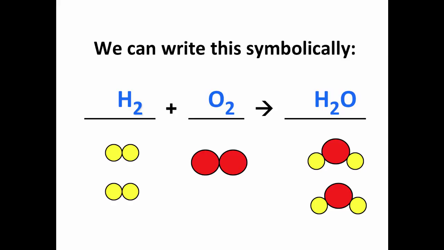We show this in the chemical equation as a balanced chemical equation. We produce two water molecules and we start with two hydrogen molecules. We now have a correctly balanced chemical equation.